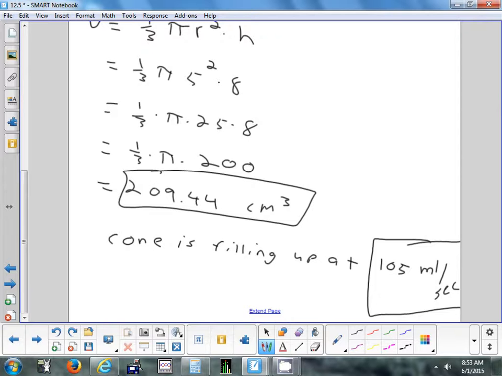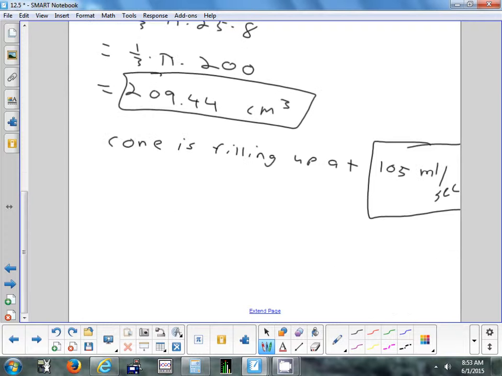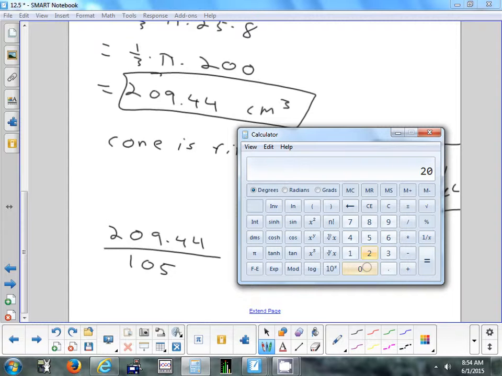You take the volume and divide it by the rate of how fast it's filling up. Take your volume, 209.44, and divide it by 105. Basically, we're figuring out how many times 105 goes into 209. And that's going to tell us in seconds how quickly it's going to overflow.